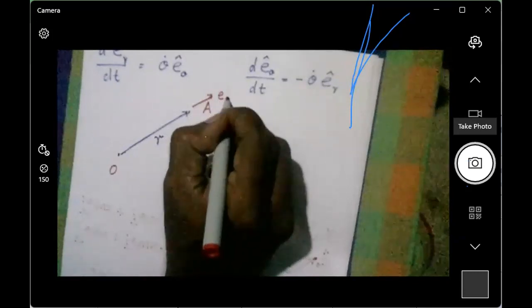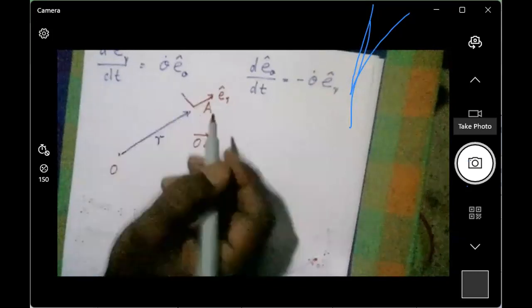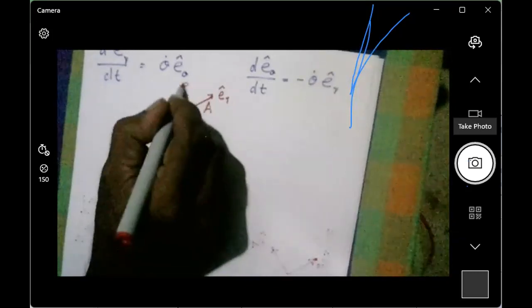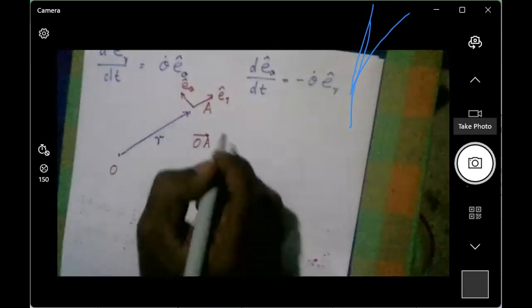Remember, we are going to define a unit vector along the position vector, e r, and one perpendicular to it, which is e theta. How to write this OA?